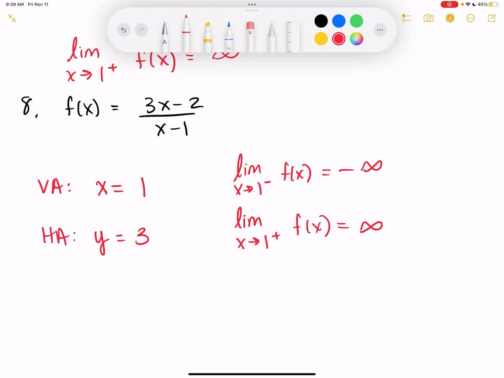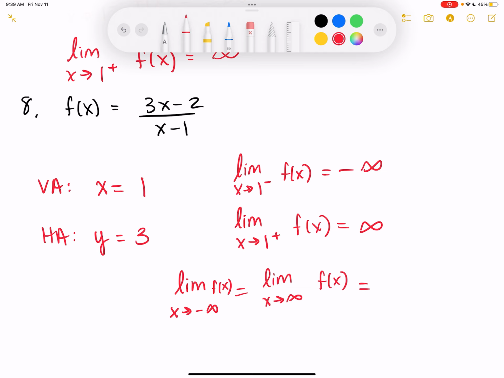So I'm going to write it like this. The limit as x approaches negative infinity is equal to the limit as x approaches infinity of f of x. Technically I should write it in both places, but it should be equal to 3.